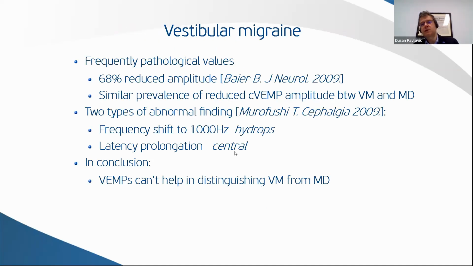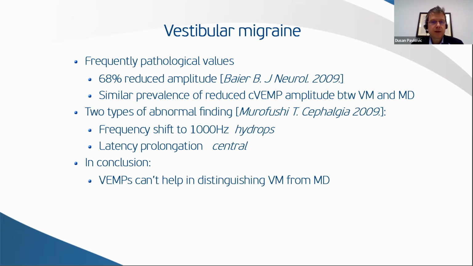So here we can see it varies a lot and the sensitivity is not great. We all know that Meniere's disease and vestibular migraine are somehow connected, and frequently it is difficult to differentiate whether it is vestibular migraine or Meniere's disease. And as we know that Meniere's disease is an inner ear problem, we can maybe use VEMPs to help us discriminate these two disorders.